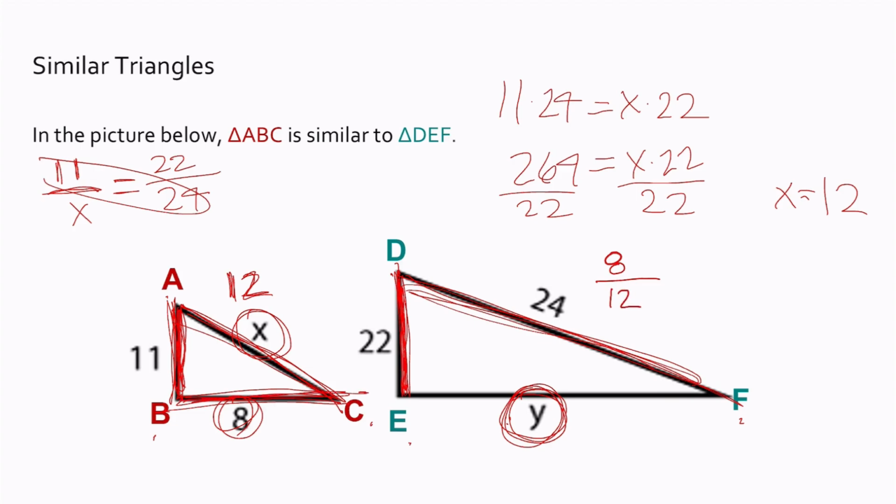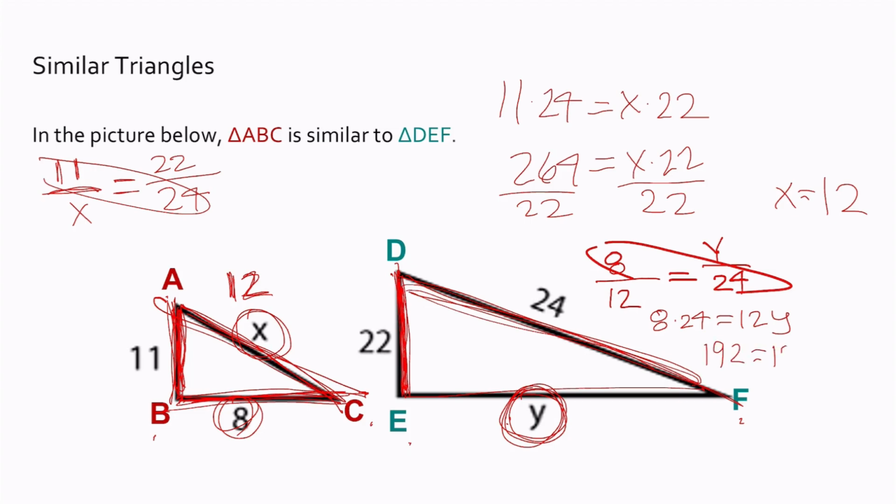So this is BC over CA, which means on my equivalent, I have to use this EF over FD. And I can cross multiply again. So I have 8 times 24 equals 12y, 192 equals 12y, divided by 12 on both sides. And I get y equals 16.